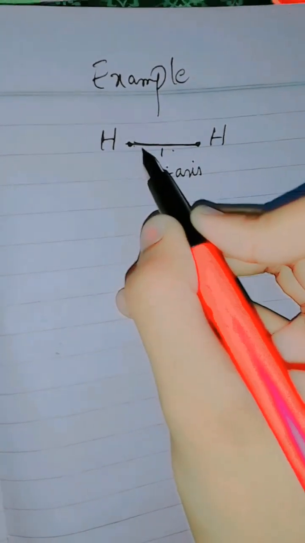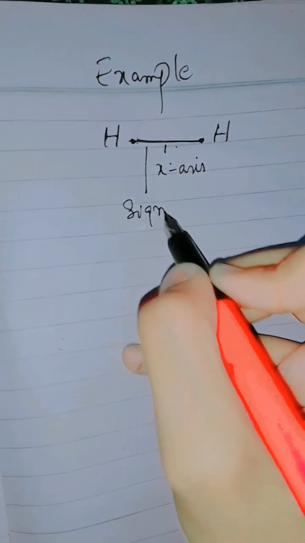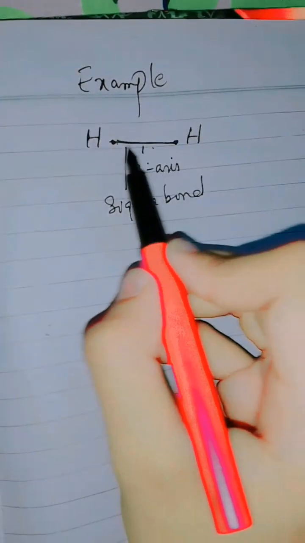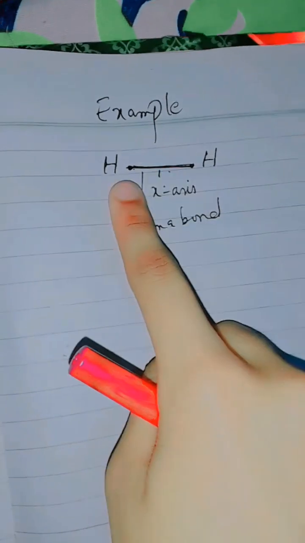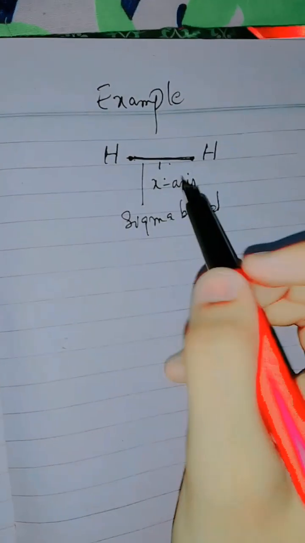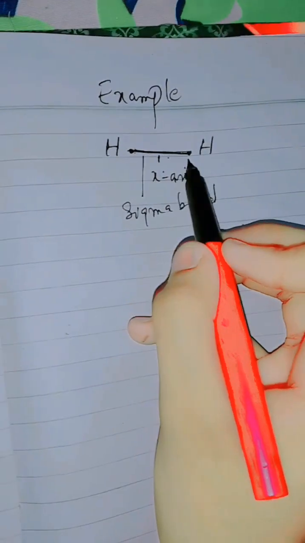So this bond is called a sigma bond, because there are only two unpaired electrons, one from each atom, making a single bond on the x-axis.